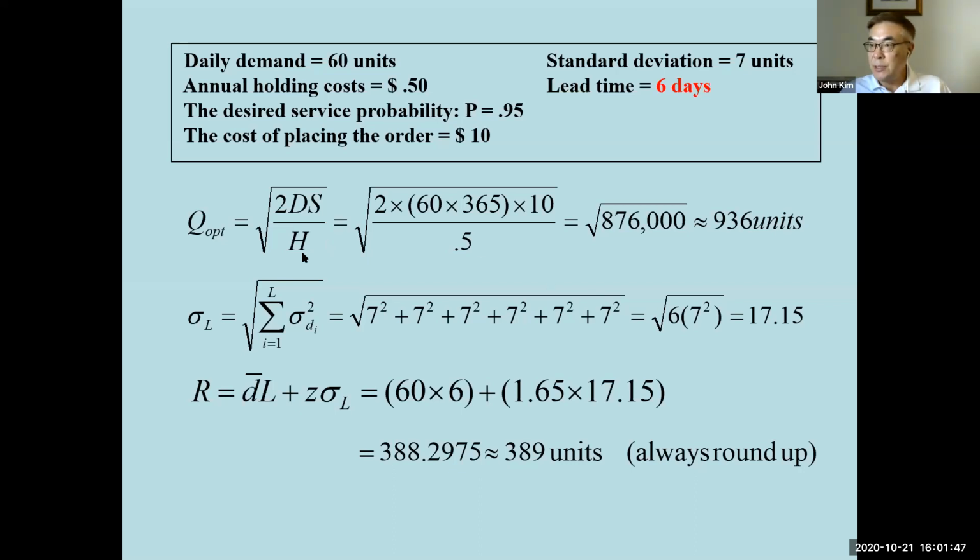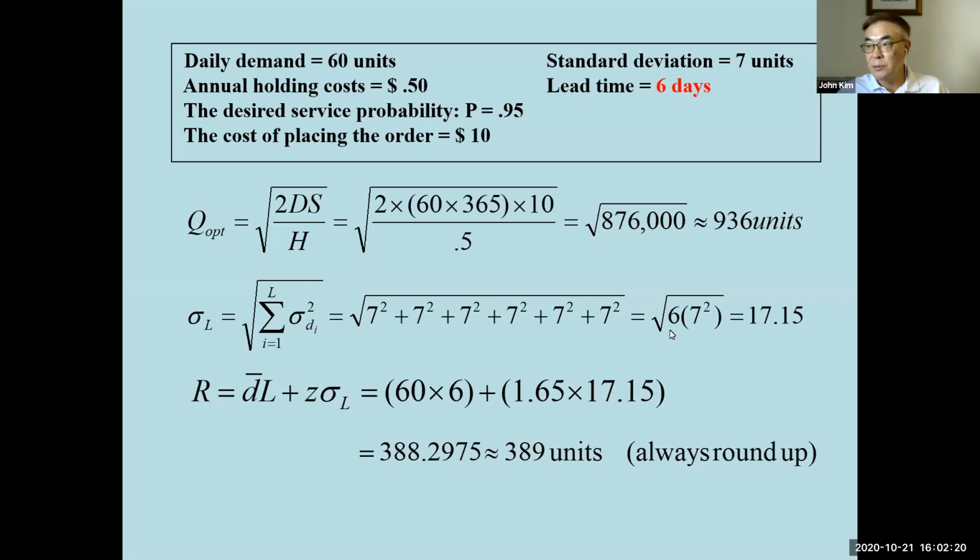And for this safety stock model, reorder point, we need the basic model's reorder point plus safety stock, Z times standard deviation during lead time. So first we need standard deviation during lead time using this formula, but just simply like this.